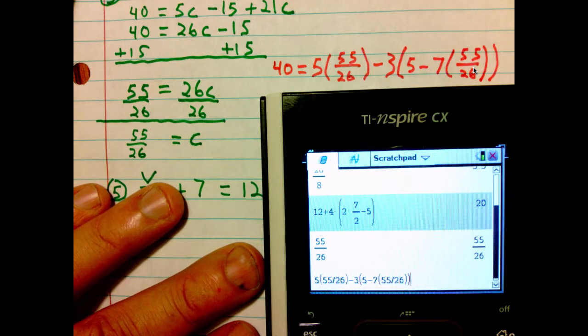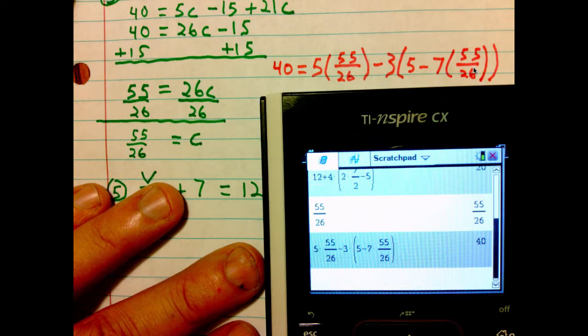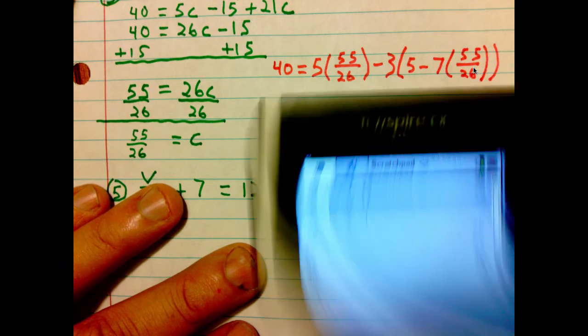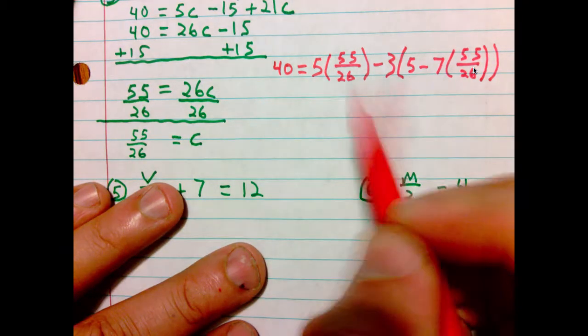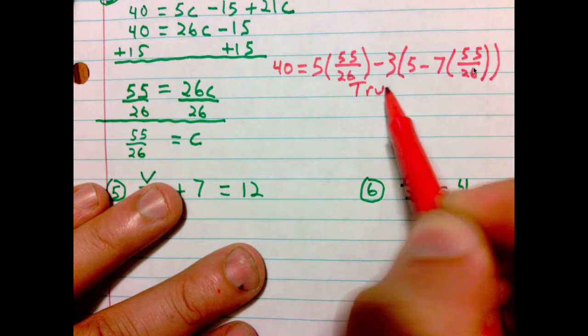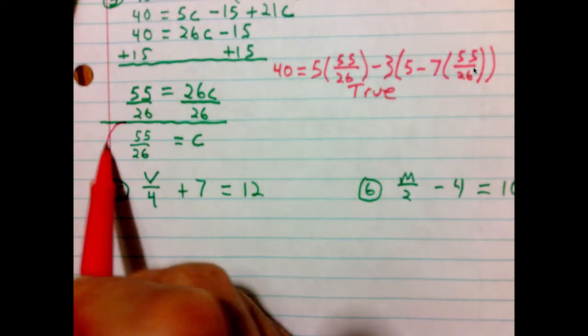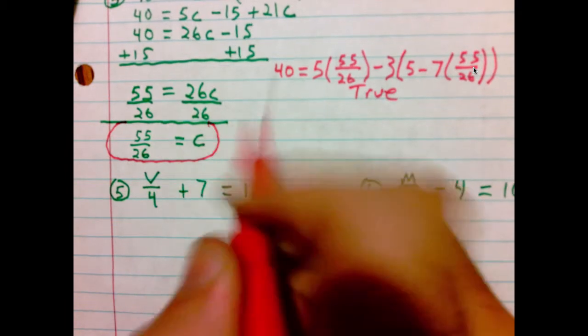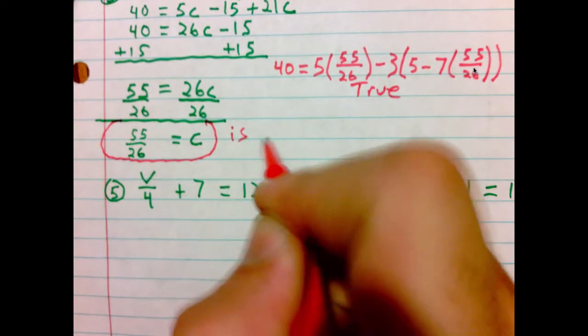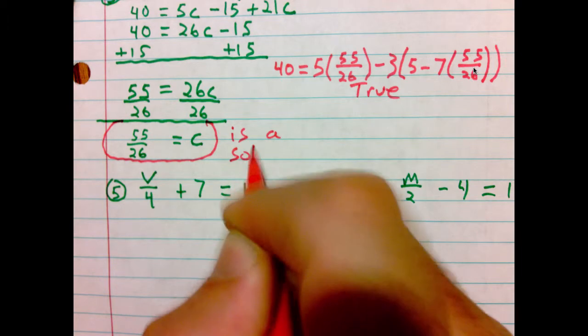We're hoping that this is 40. And it is. So this statement is true. Thus, 55 divided by 26 equals c is a solution.